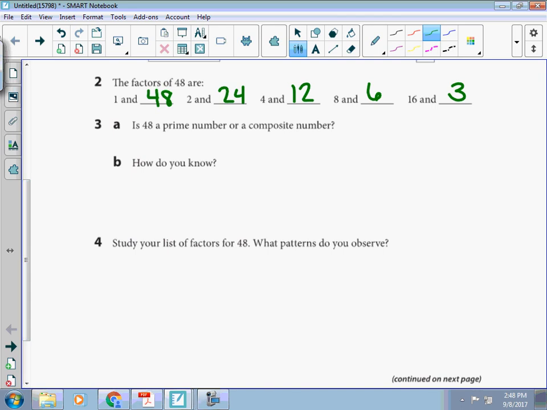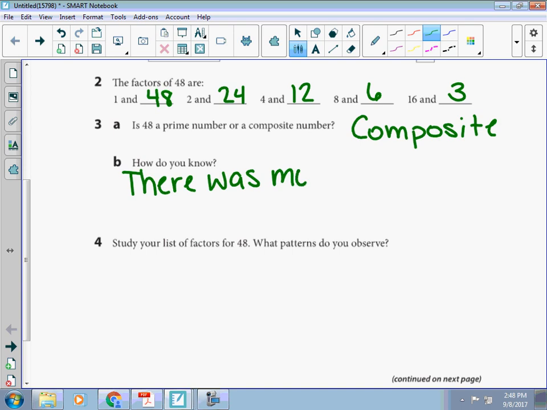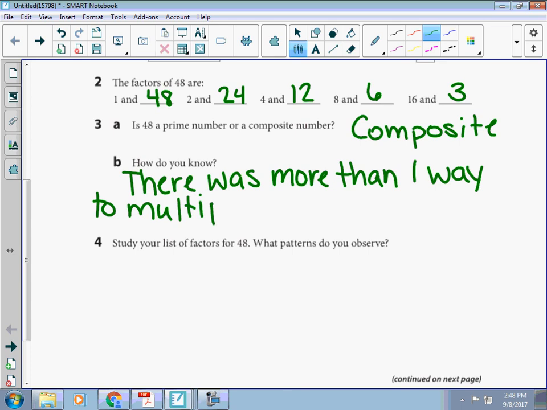And based on our conversations, we know that it is composite. And we know that it is composite because there was more than one way to make it. Another way to say it is that it has two or more factors.